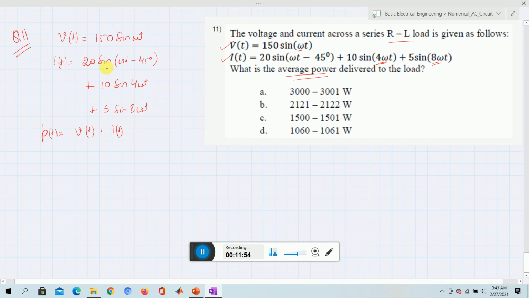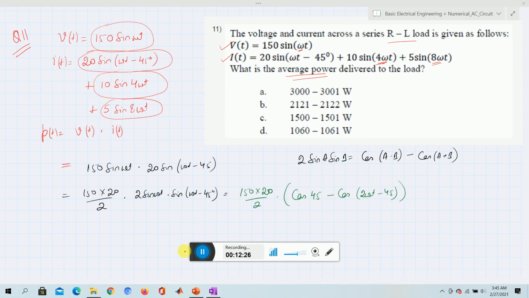If I evaluate this again, these terms multiplied with these terms, sine A sine B, will lead to a value which is a multiplication of cos of omega t and 3 omega t, and like that. Only the term where I have the multiplication with 20 sine omega t minus 40, let us see what we are getting.